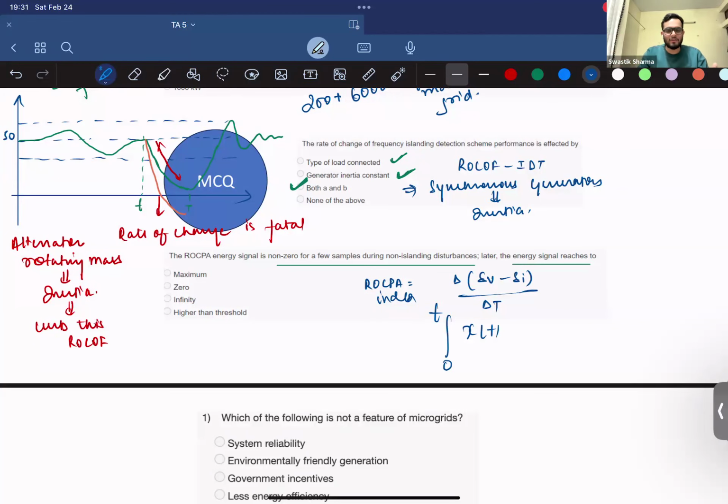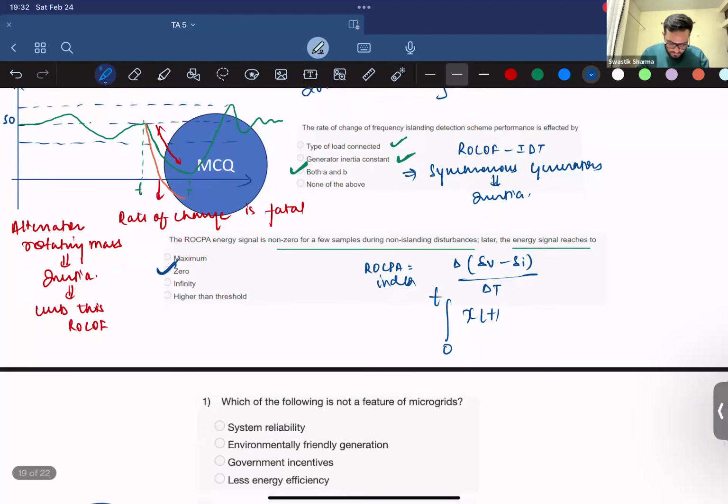And if you see in the literature as well, which ma'am told, during non-islanding disturbances the ROCPA based energy signal becomes non-zero for a few samples, and then it reaches zero because the ROCPA has converged to a particular index. So the correct answer is zero. Sorry for not covering it.